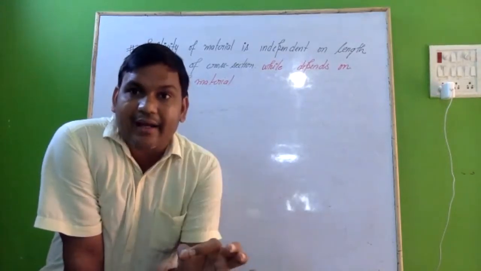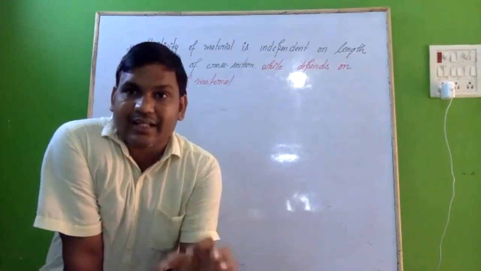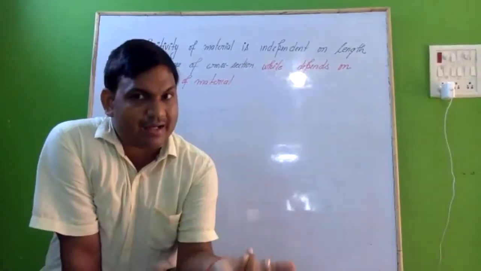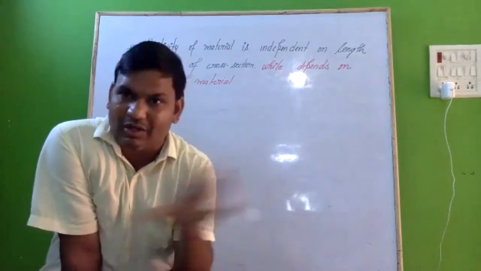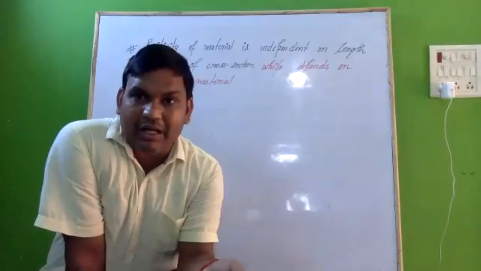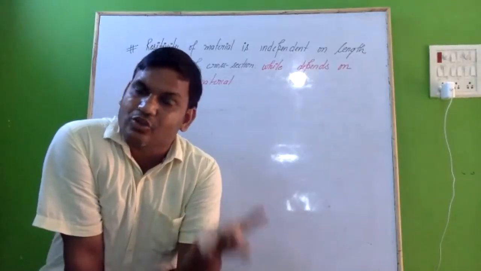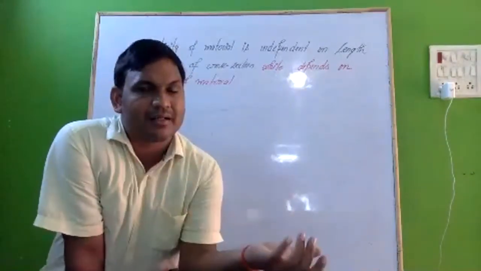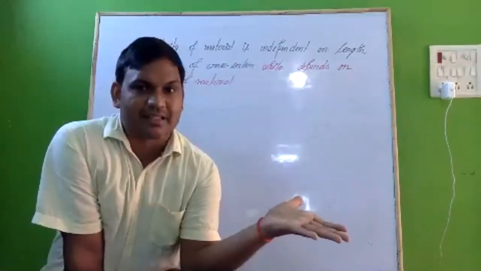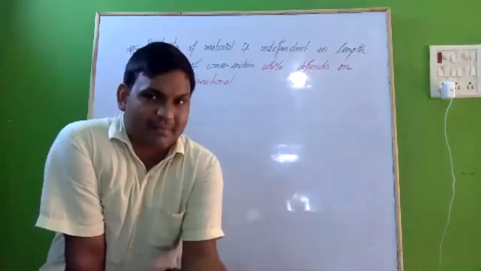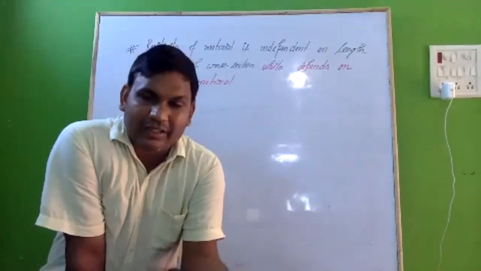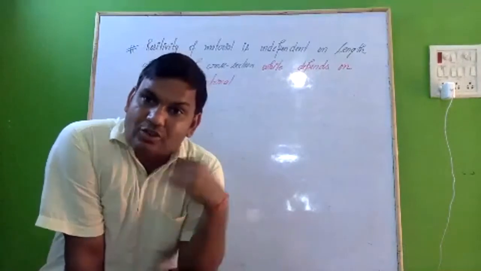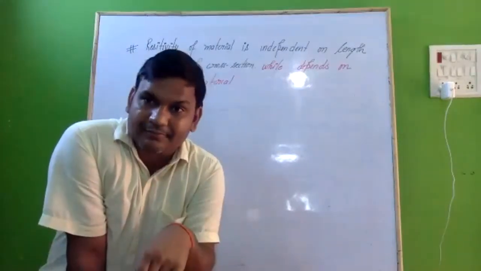If it is a copper wire, then the resistivity of copper will be constant whether it is a 1 meter wire or 10 meter or 100 or 1000. If it is an aluminium wire, whatever its resistivity is, it will be constant whether it is 10 meter, 100 meter, 200 meter. It is independent of length and area. Only the resistivity will depend on the nature of the material.